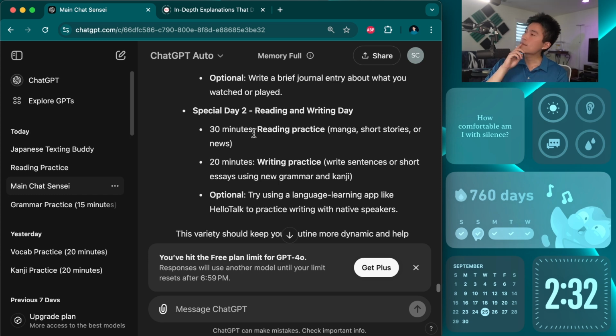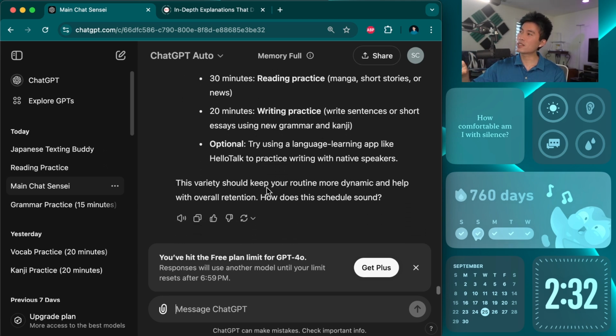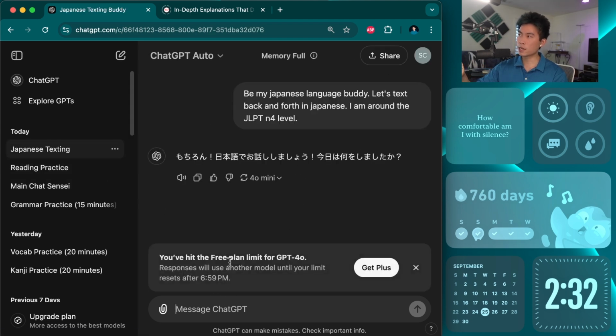Reading and writing day. Yeah, we already have reading included and we have writing included. In my kanji, not really writing full sentences, but to me that's okay. I don't think I really need to write full sentences. I'm only writing kanji to help myself remember it. And with this texting thing, I'm basically going to be texting in Japanese, and typing it out.